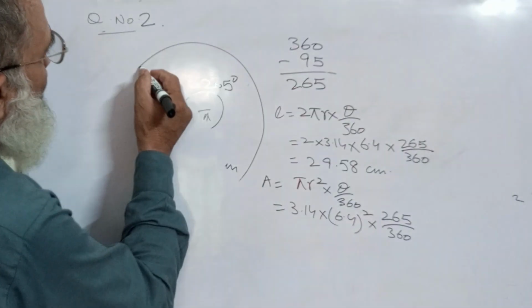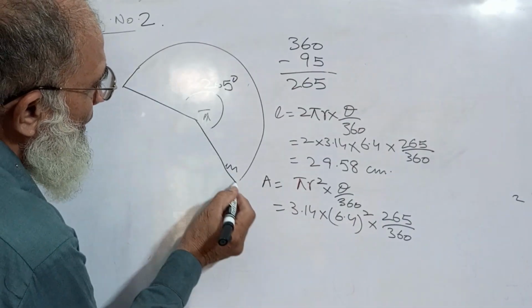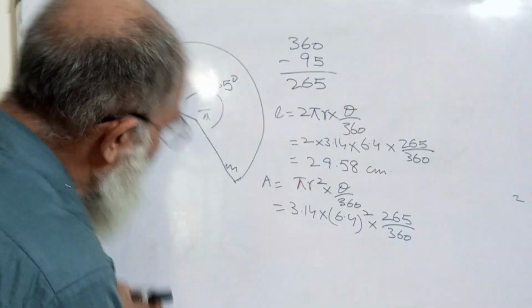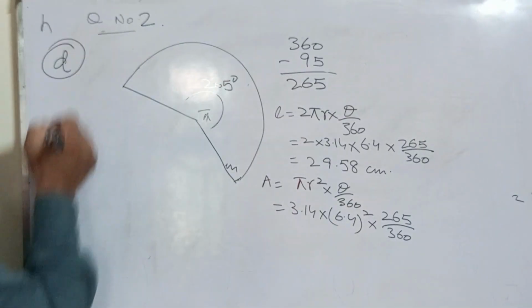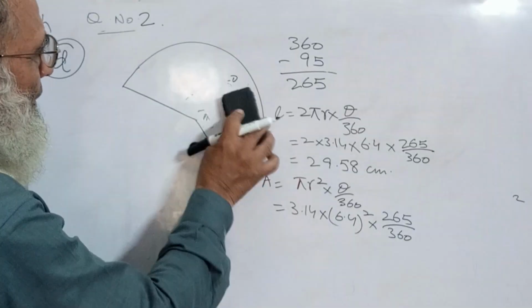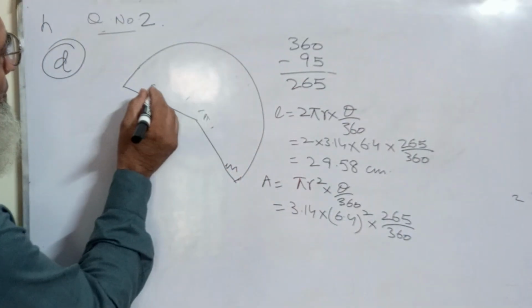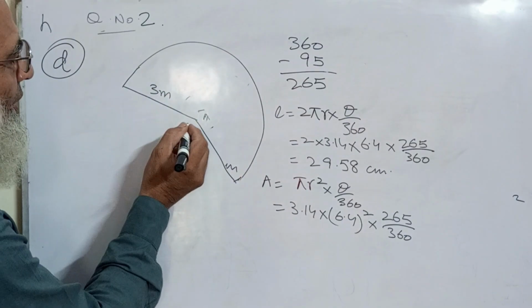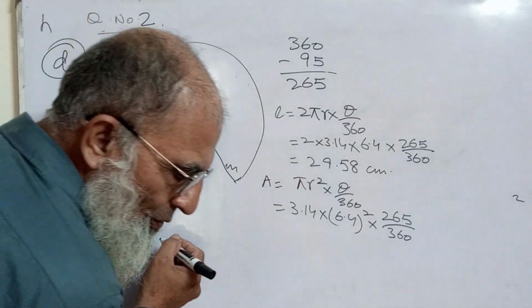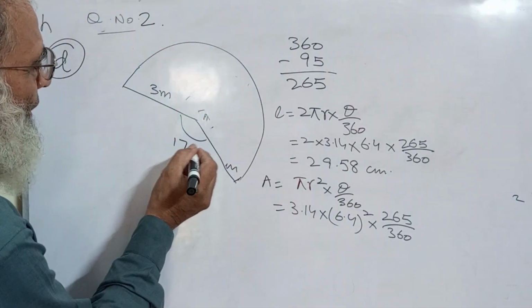So this angle is given. You see, in question 2, part number D, what is given here is 3 meters. The radius is 3 meter and this angle is given, which is 175.